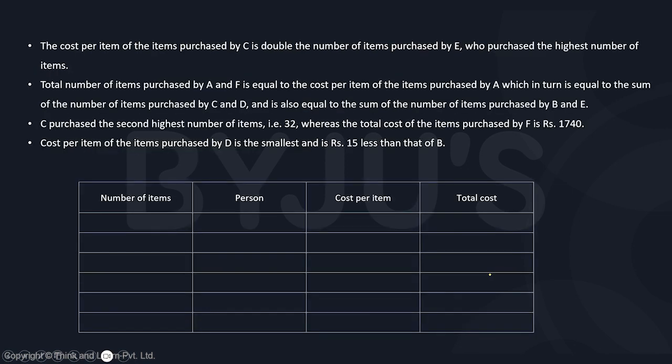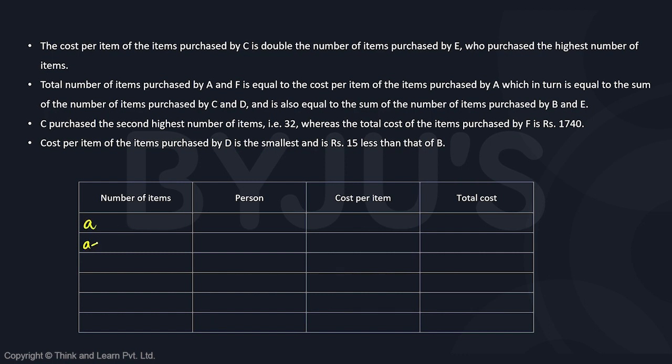So everything is over here. Let's write down the number of items. Okay, so we are only going to read the number of items part. E purchased the highest number of items. So let's say the largest number of items is at the bottom and the smallest number of items is at the top.